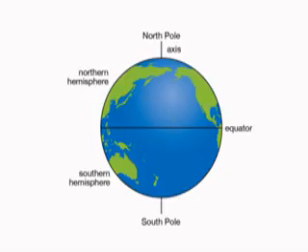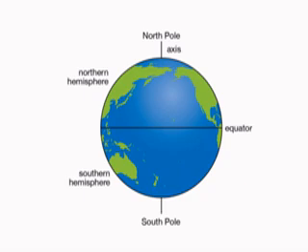Dear children, look at this picture. Here you are able to see two imaginary lines. One line passing through the center of the earth from North Pole to South Pole. That is known as an axis. The other line passing through the center of the earth from east to west is known as an equator.